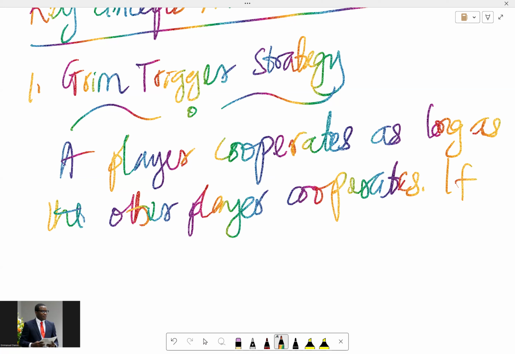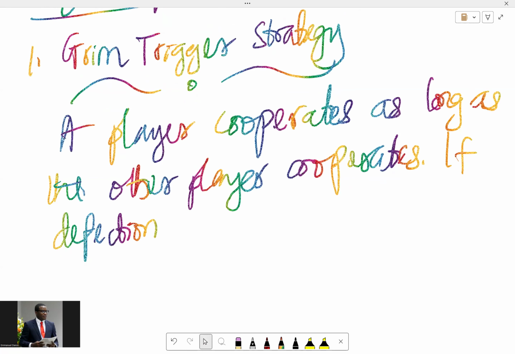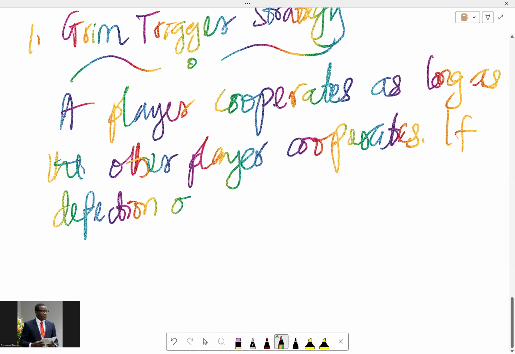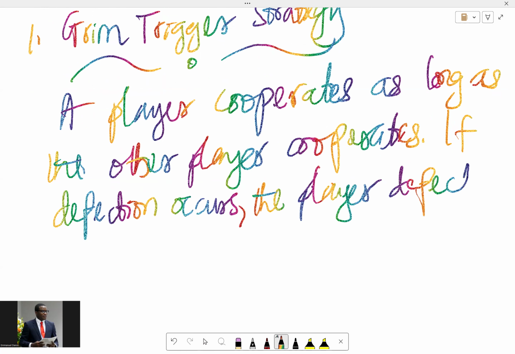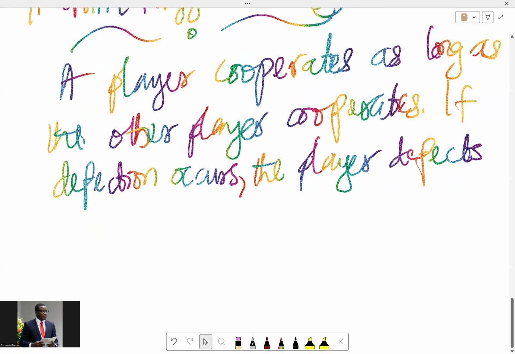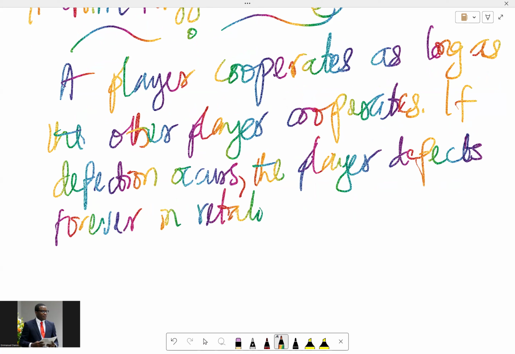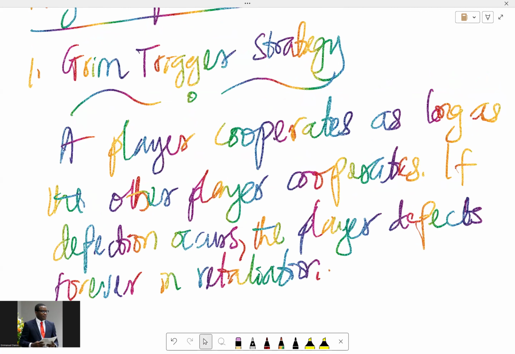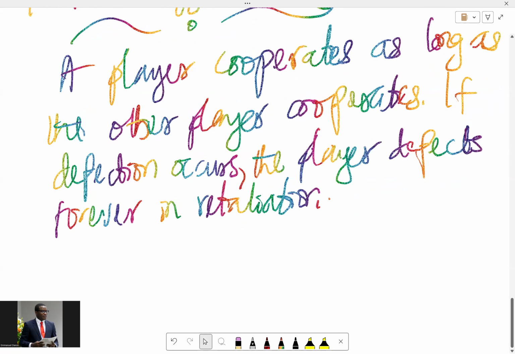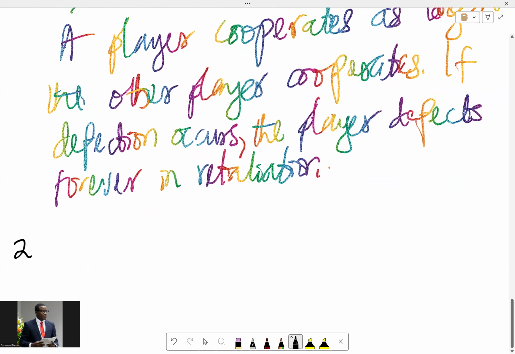If defection occurs, I mean, if a player betrays the other, the player defects. If someone betrays you, you betray them. That's the idea. So if defection occurs, the player defects forever in retaliation. So that's one strategy.